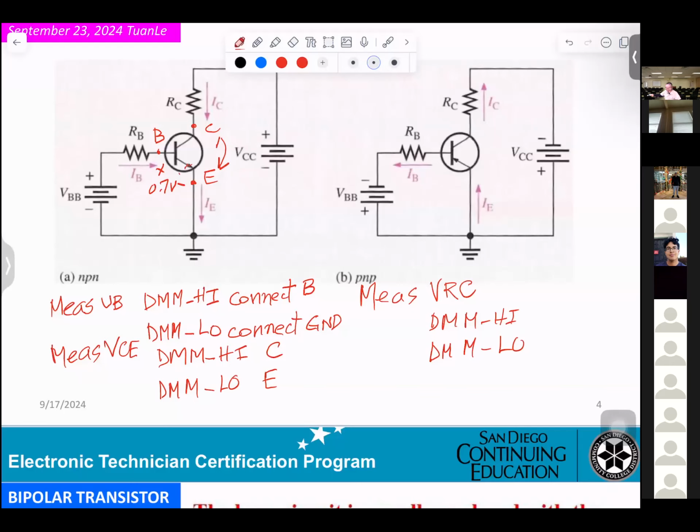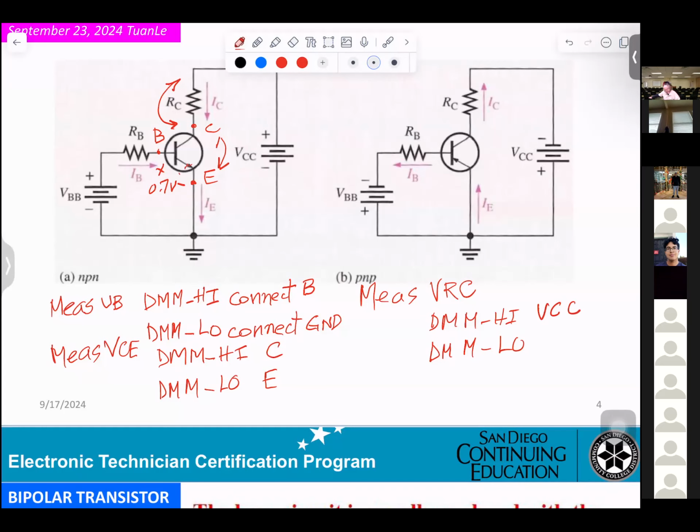If I want to measure the voltage across RC, from the VCC to C, that will be VCC, correct? How about low side? To C.